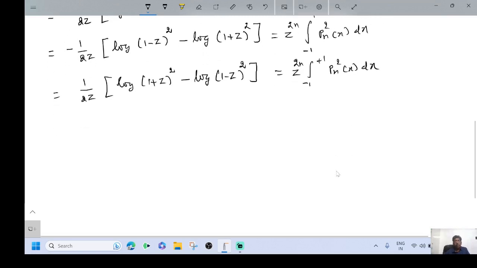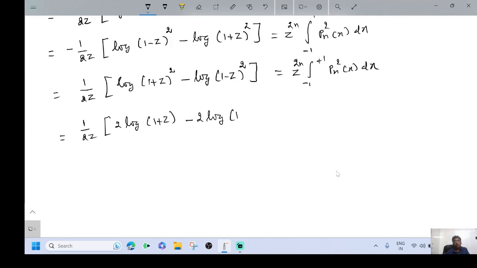Now this is 1 divided by 2z, 2 log of 1 plus z minus 2 log of 1 minus z, equal to z power 2n, minus 1 to plus 1, pn square of x into dx.